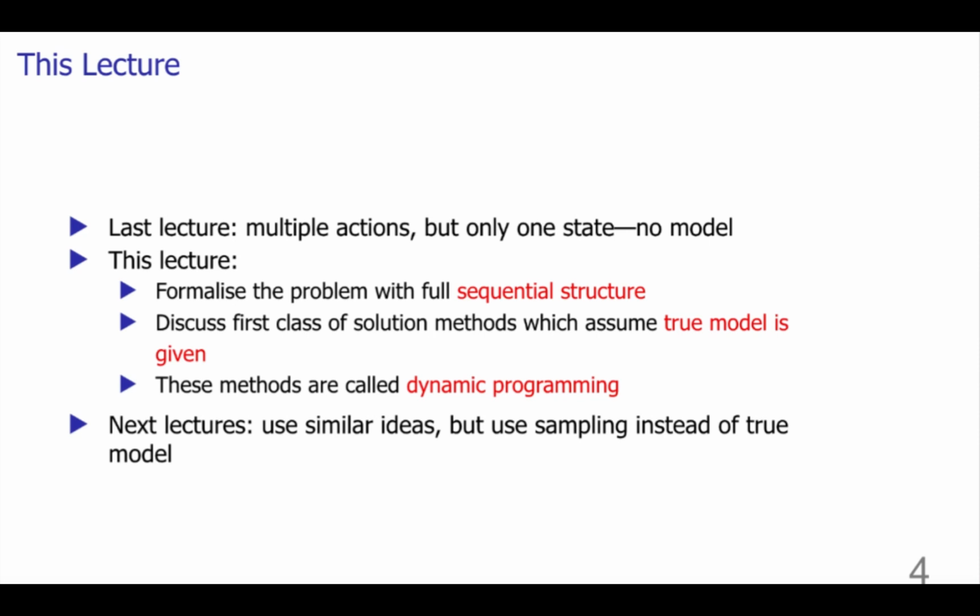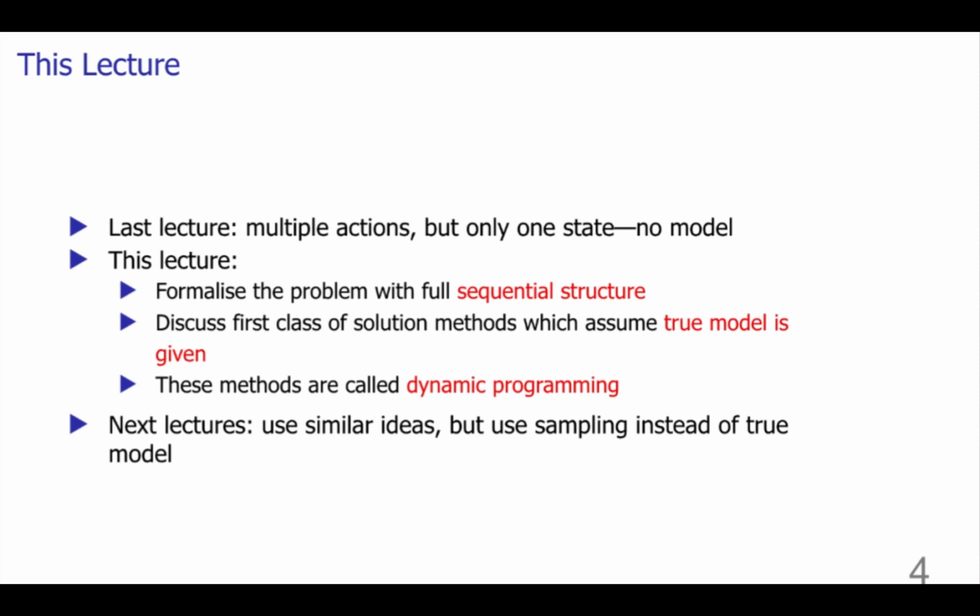If there is no true model, then the reinforcement learning agent cannot use dynamic programming as is. So we consider dynamic programming given the true model of the environment, and we also consider the sequential structure, or the time-wise dynamicity, of the agent and its corresponding states and rewards.